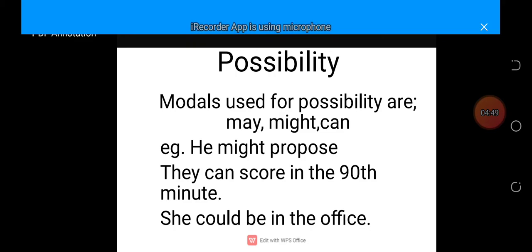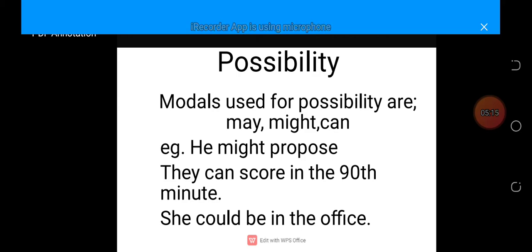Modals used in expressing possibility. So, probability. It is possible that this thing will happen. Not really sure, not speaking out of confidence, but weighing the pros and cons of whatever I want to say. So there is a possibility.